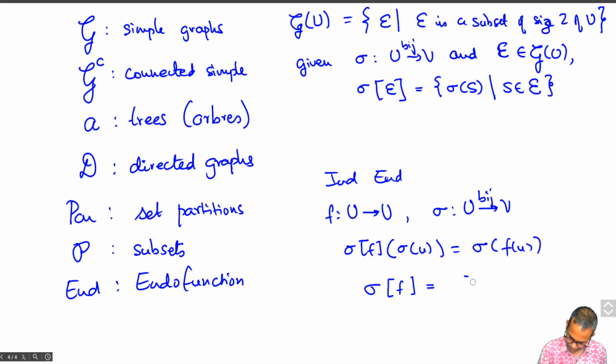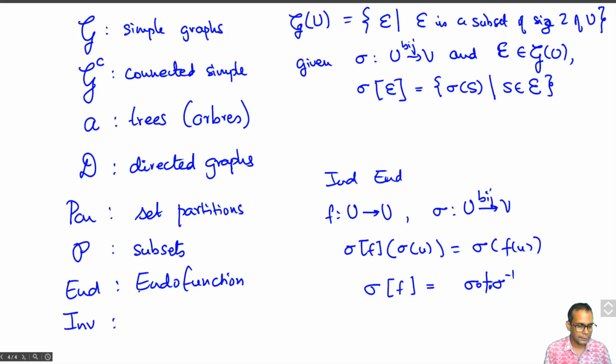So this is sigma f sigma inverse. Conjugation by sigma. That's the action on End of functions.